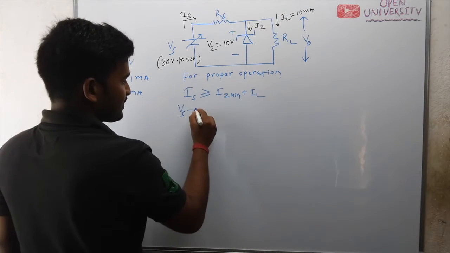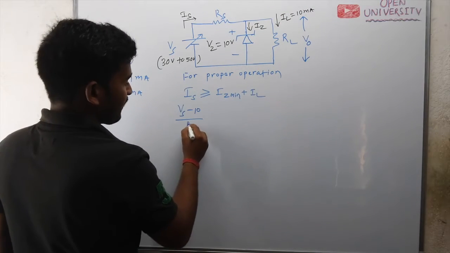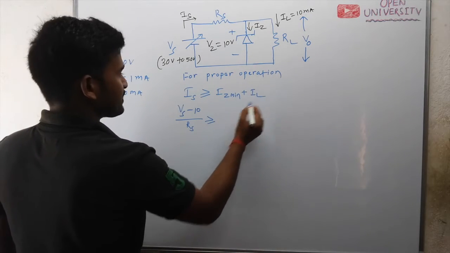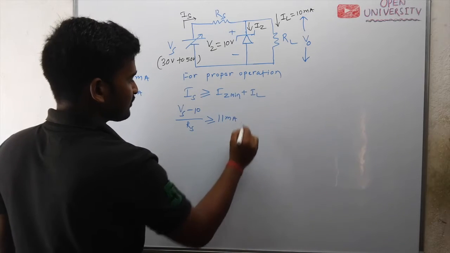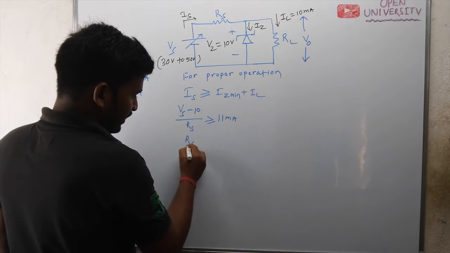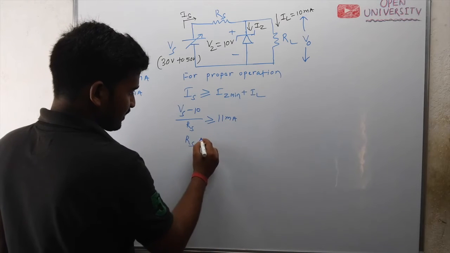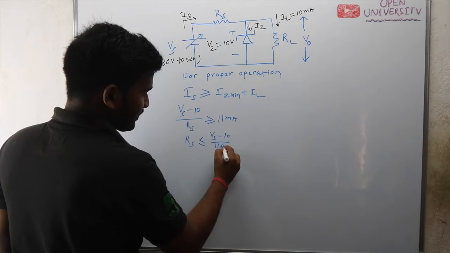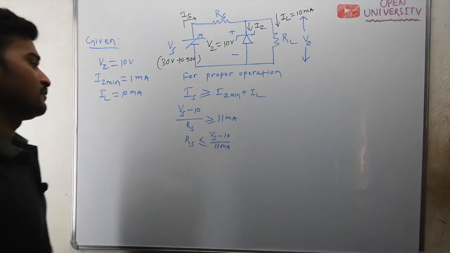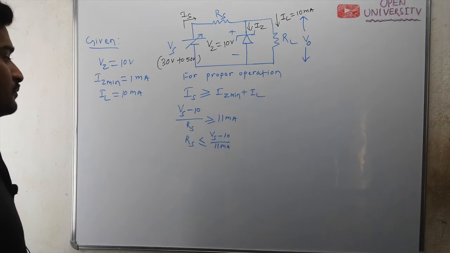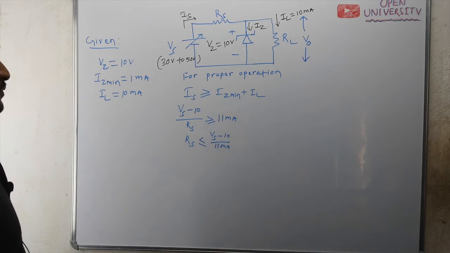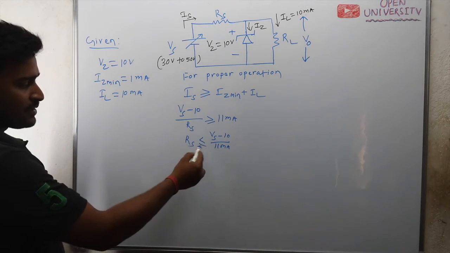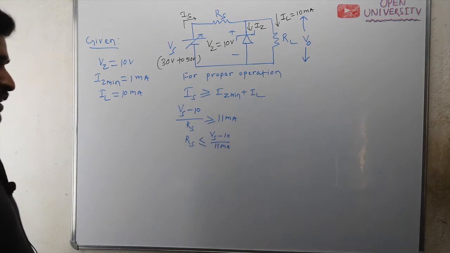So (Vs minus 10) by Rs. Iz min is 1 milliampere and IL is 10 milliampere, so 11 milliampere. So Rs has to be less than or equal to (Vs minus 10) by 11 milliampere.